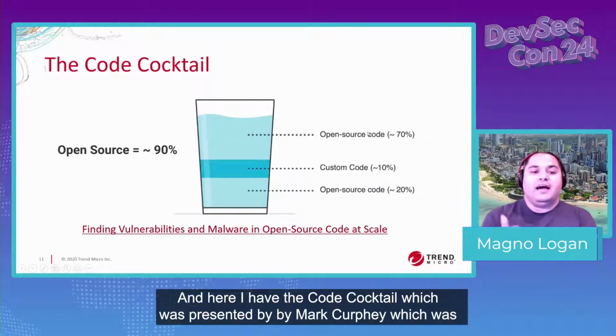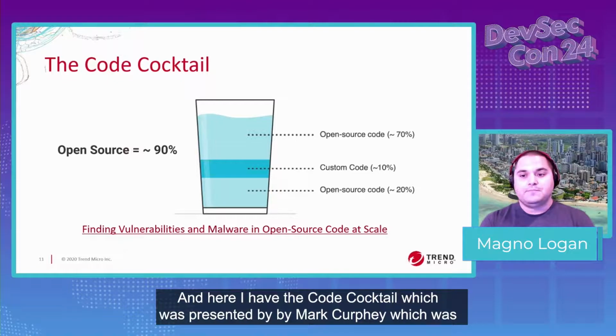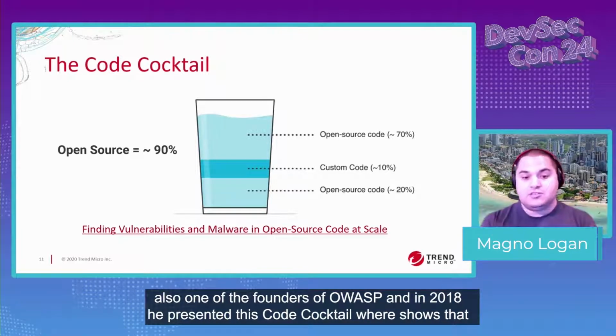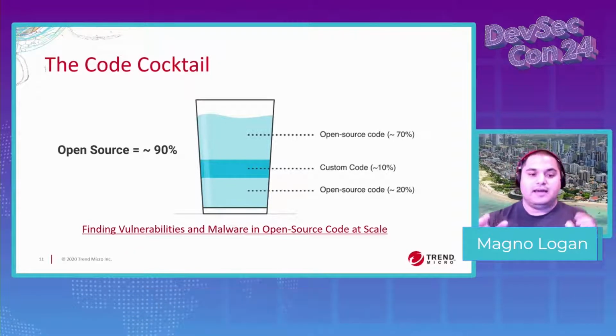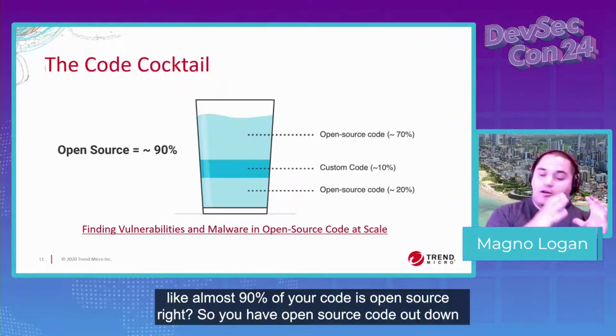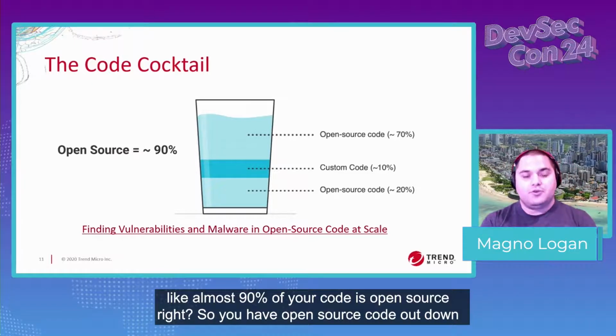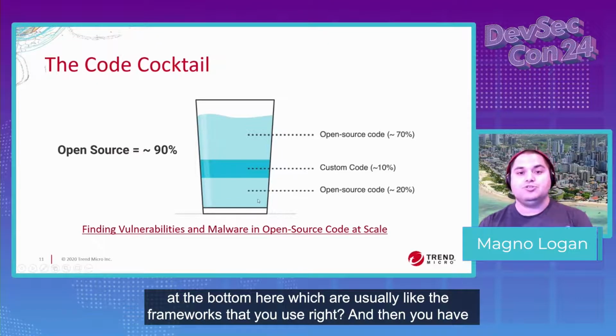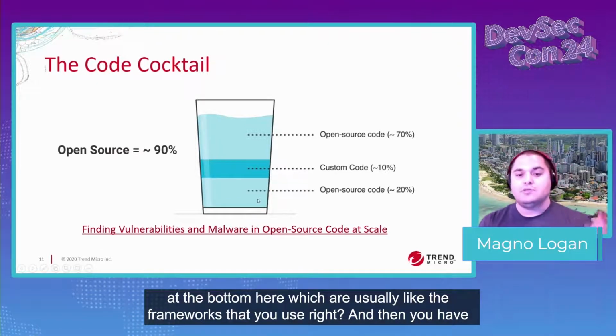And here I have the code cocktail, which was presented by Mark Curphey, who was also one of the founders of OWASP. In 2018, he presented this code cocktail where it shows that almost 90% of your code is open source, right? So you have open source code down at the bottom here, which are usually the frameworks that you use, right?